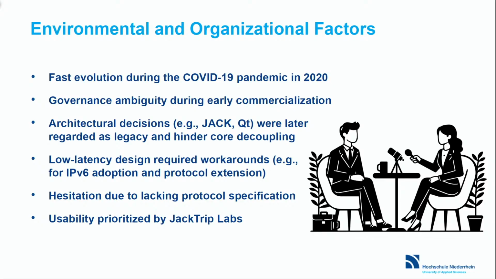In the early commercialization period, governance ambiguity between JackTrip Labs and the open source software project caused instability due to uncoordinated contributions. Tensions between commercial or customer-driven priorities and passion-driven engagement in the open source software driven by academia were described. However, process improvements optimized the collaboration.